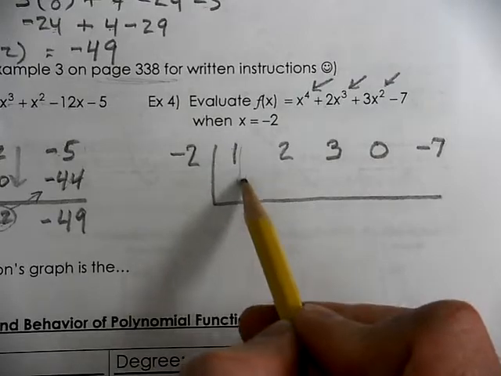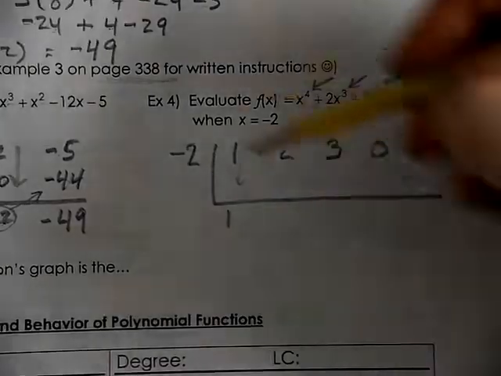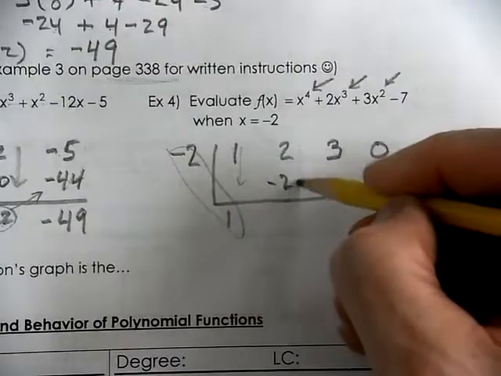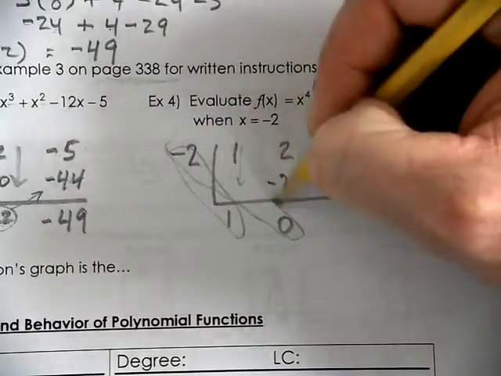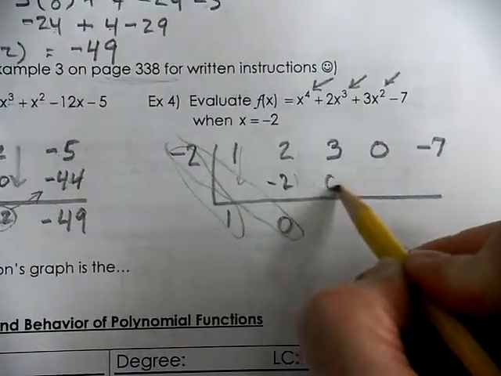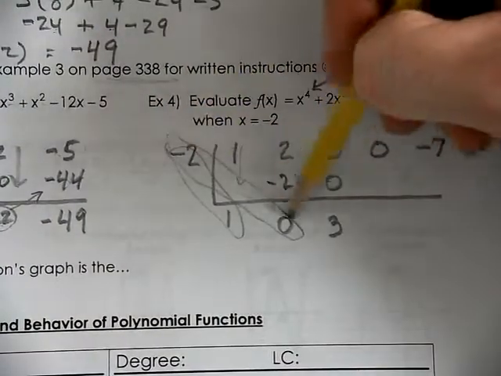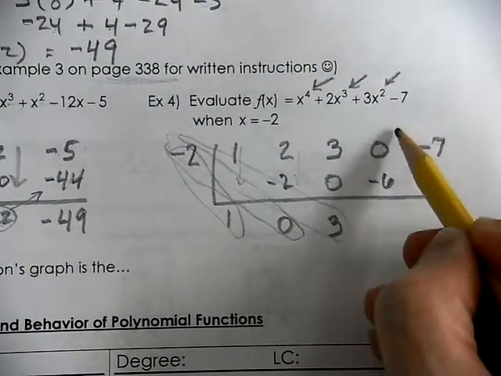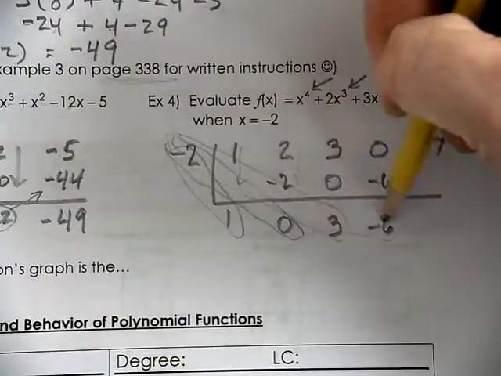We drop down the 1. Then what are we going to do? Multiply, add them together, multiply, add them together, multiply, add them together, and multiply.